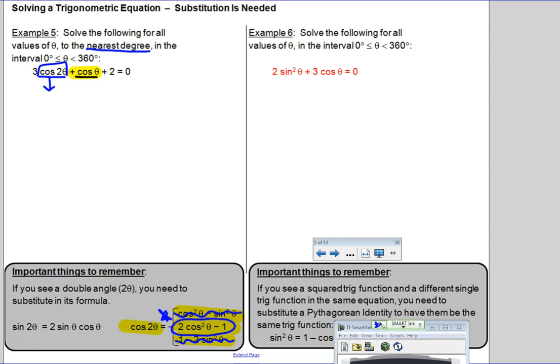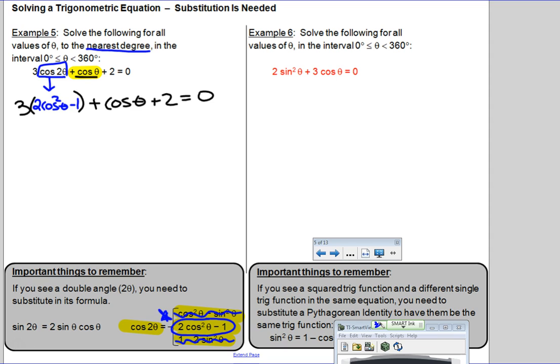All right, now we still have that 3 on the outside, so I'll leave that 3 on the outside. We're going to replace the formula in there, and we still have the rest of the equation. So that 2 cosine squared theta minus 1 is what I'm replacing for cosine of 2 theta.